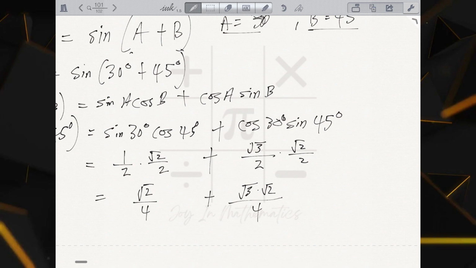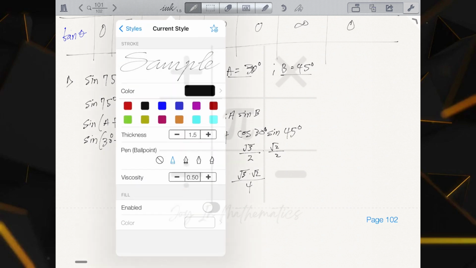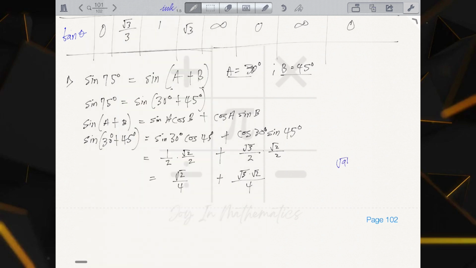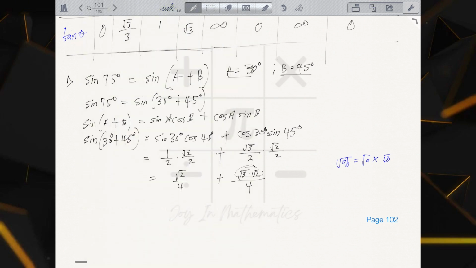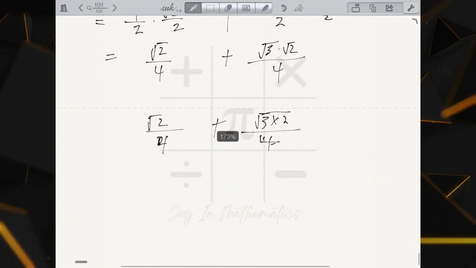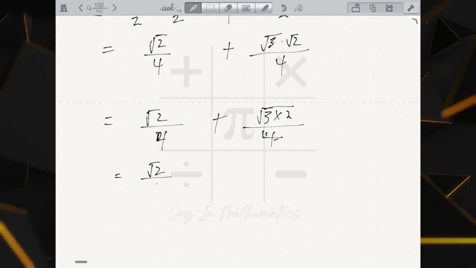If you apply the rule of surds, because in surds we understand that root of ab is equal to root a multiplied by root b, root 2 multiplied by root 3 will be equal to root 6. So we have root 2 over 4 plus root 6 over 4.